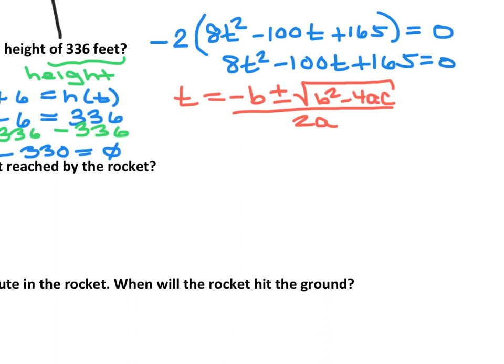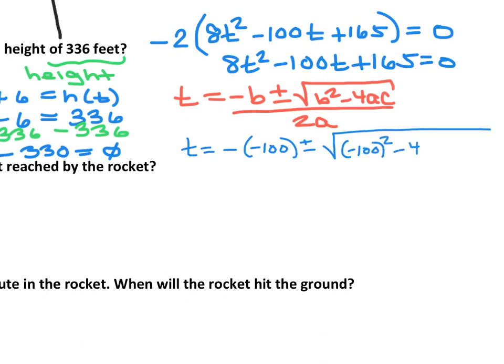So I have t equals opposite of negative 100 plus or minus the square root of negative 100 squared minus 4 times a, which is 8, times c, which is 165, all divided by 2 times a, which is 16. 2 times 8 is 16.